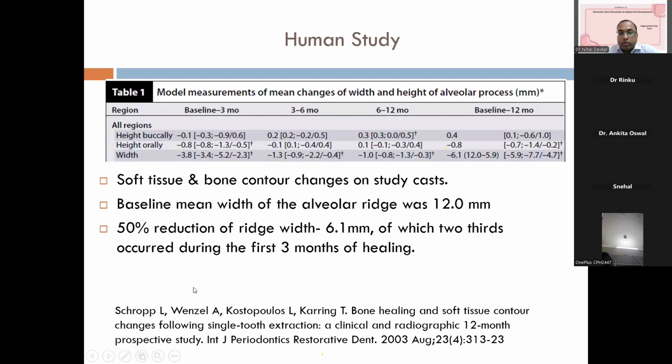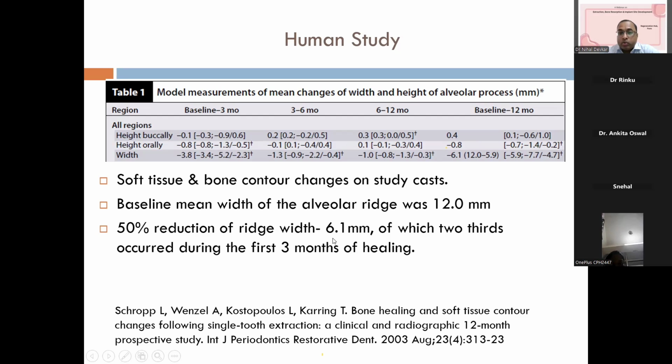In another study, Schropp in 2003 observed the healing and soft tissue contour changes following single tooth extraction. What they observed was soft tissue and bony contour changes on study casts: when the baseline alveolar ridge width was 12 millimeters, there was a 50% reduction of the ridge width.